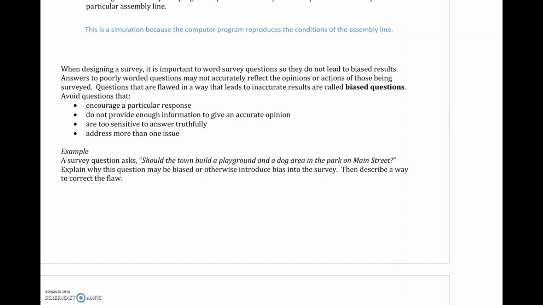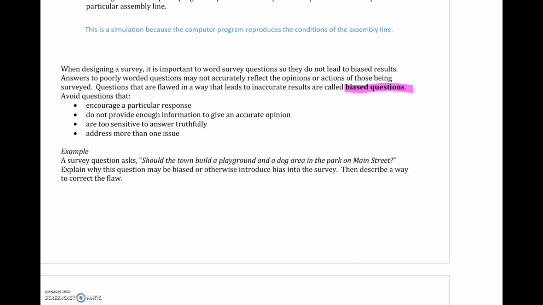You don't want to end up with biased results, because depending on how you word the question, you might be accidentally or intentionally leading people to give you a specific answer. And then if you do that, we've created a biased question, which gives us biased results, which are results we can't use that are invalid.